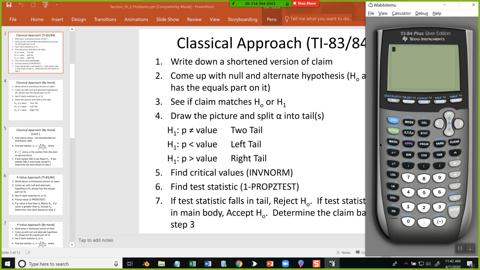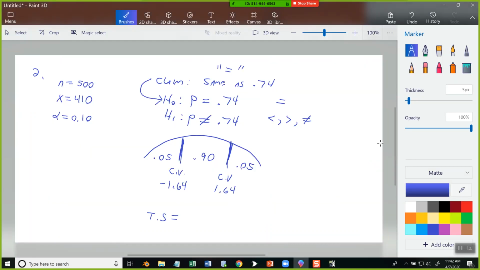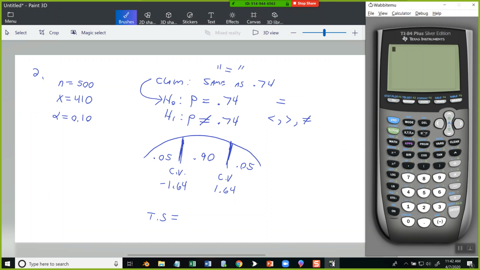So go to STAT, go to TESTS, go to number 5, 1-PropZTest. P naught is a number off of our claim, off of H naught. H1 should have the same number in all three of those. So 0.74.